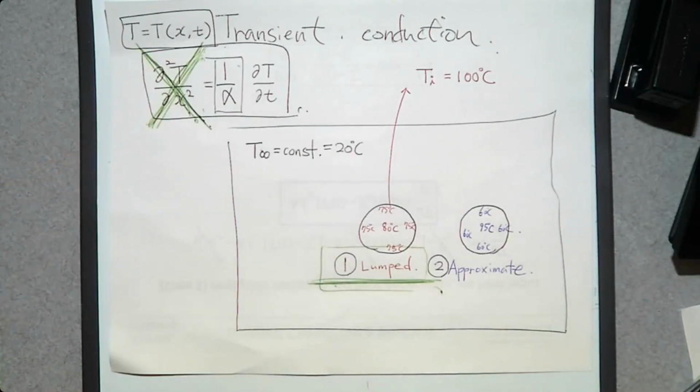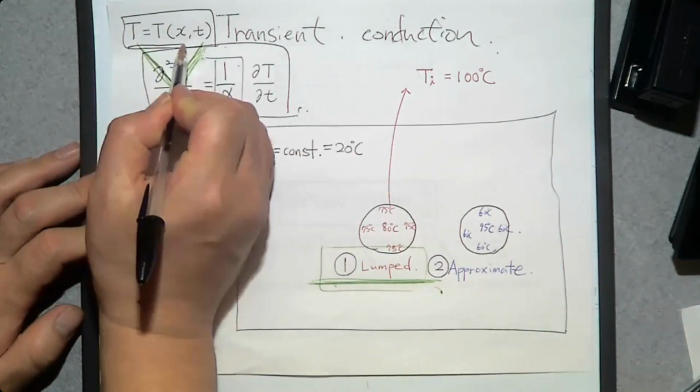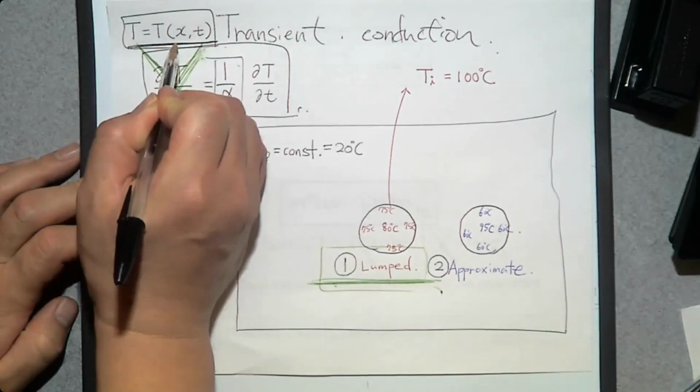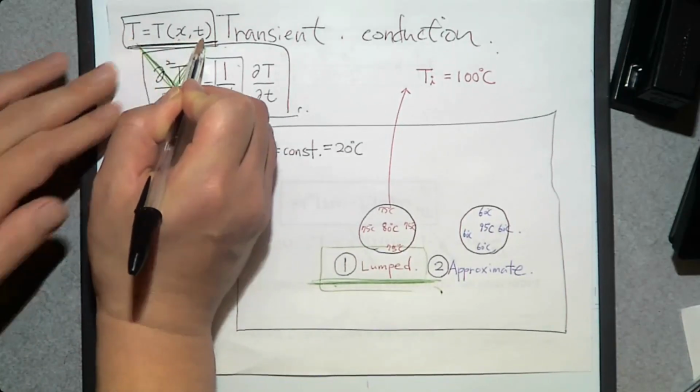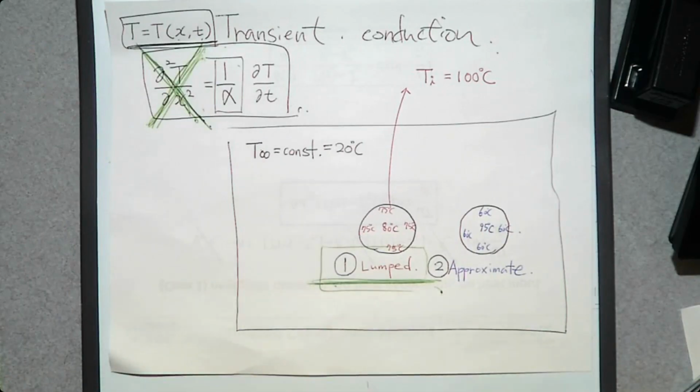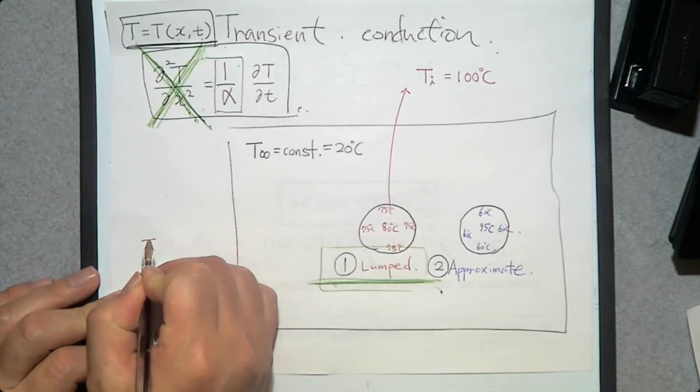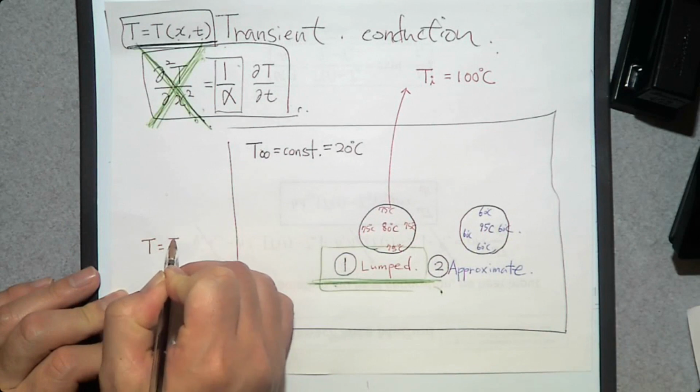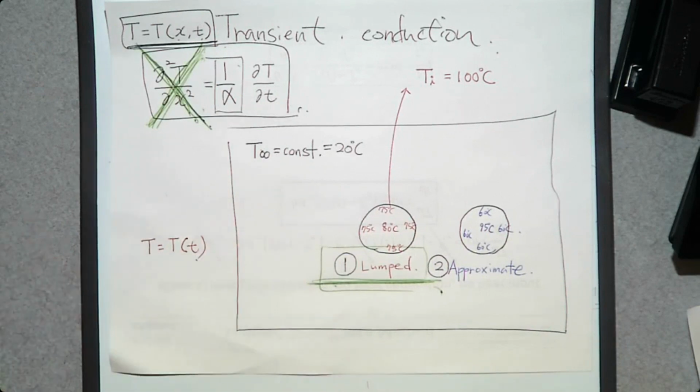The temperature of the solid is not going to be a function of x and t anymore. If you have a lumped system, the temperature of the solid is going to be just a function of time t, because we don't care about where it is, because we can assume that they're almost uniform. Okay?